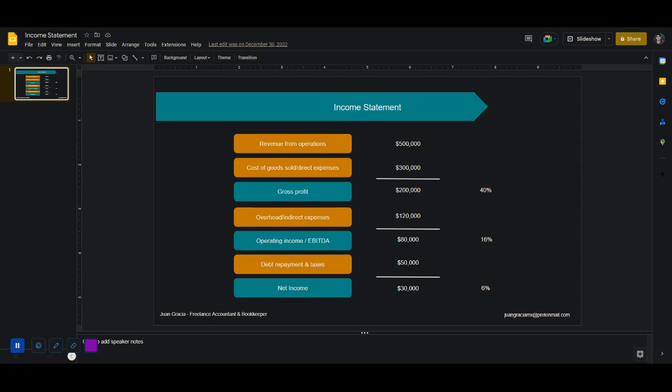Indirect expenses are usually going to be rent, utilities, marketing, professional fees such as CPA fees, legal fees, this type of services that are necessary for the company to operate, but are not necessarily identifiable. You cannot necessarily see them clearly on the end product, but they're still necessary for the business to operate.